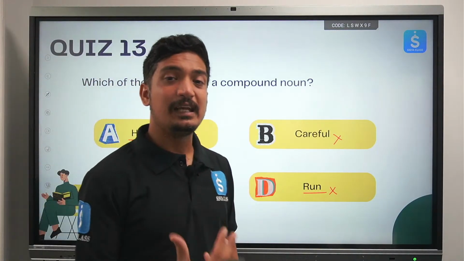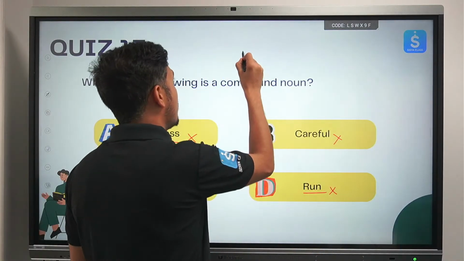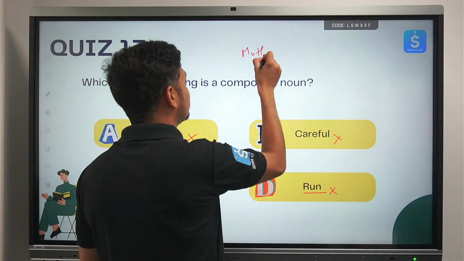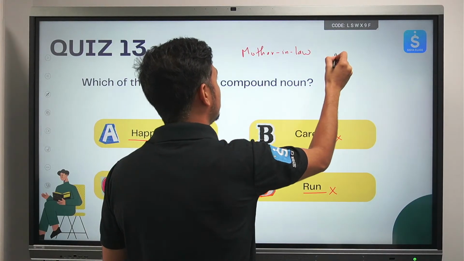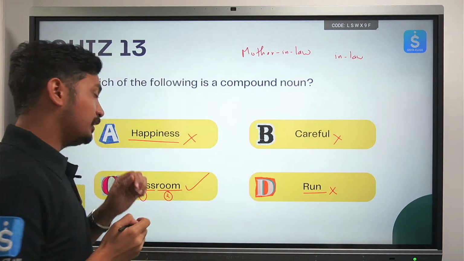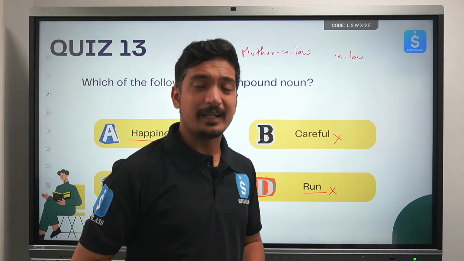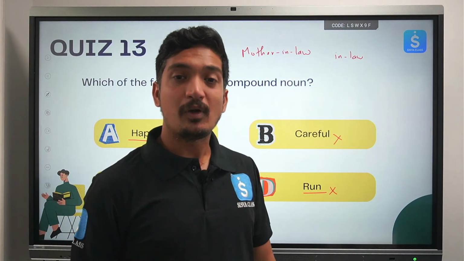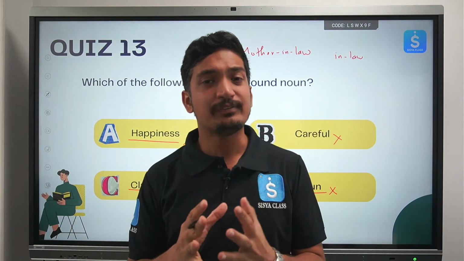Even sometimes relations can also come with compound nouns. For example, if I say mother-in-law or father-in-law or simply in-law, right? These are special compound nouns which are also called hyphenated compound words. Why hyphenated?